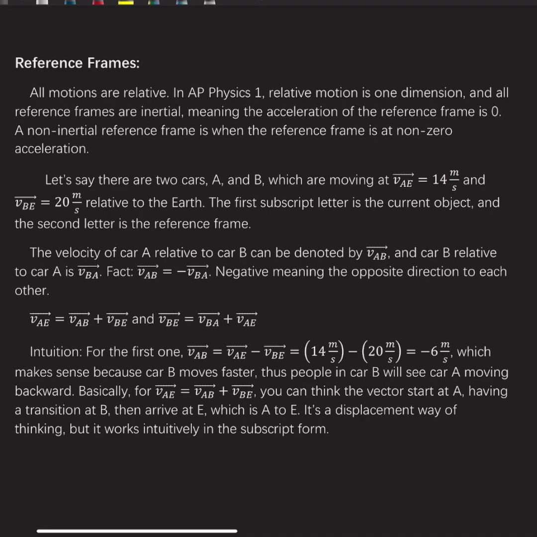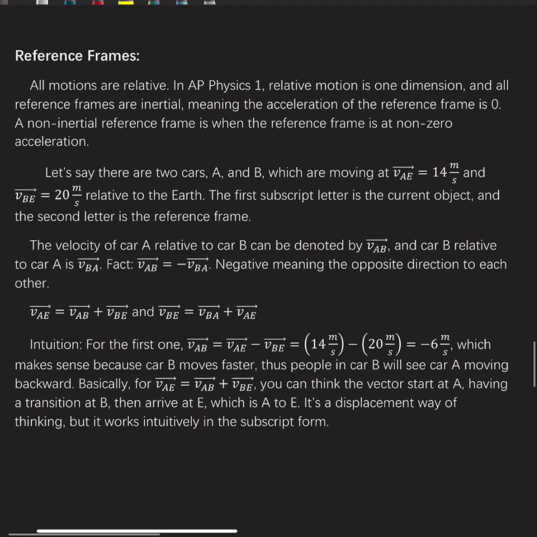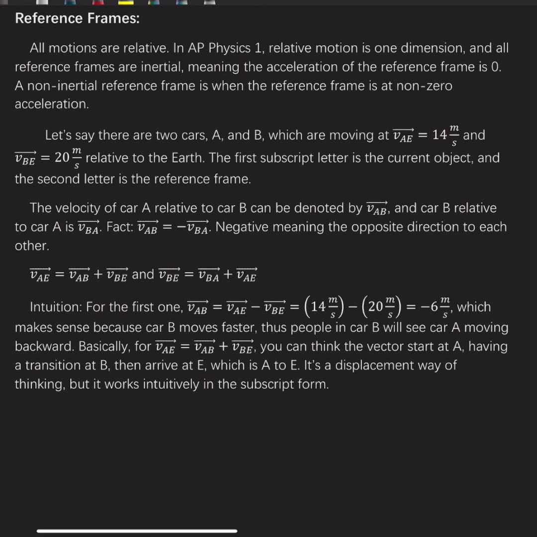Let's say there are two cars, A and B, moving with velocity AE equal to 40 meters per second and velocity BE equal to 20 meters per second. The first subscript letter is the object, and the second letter is the reference frame, which is Earth in both cases.